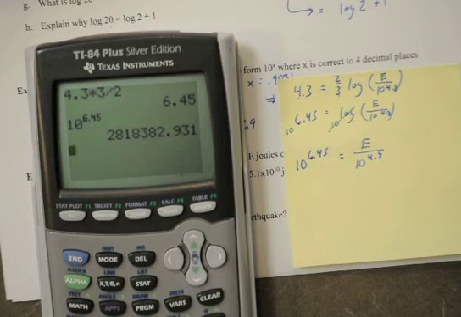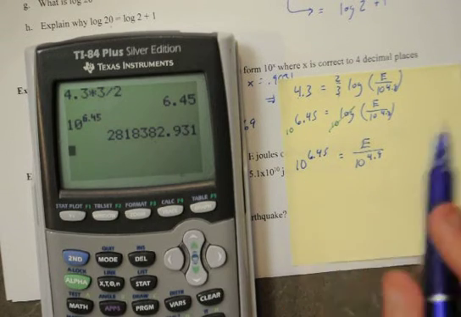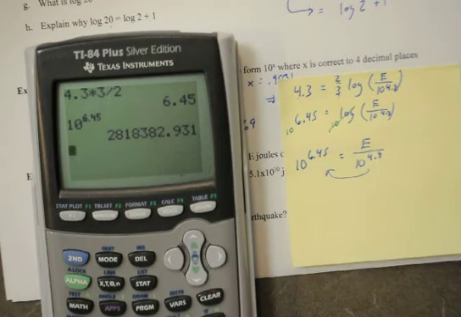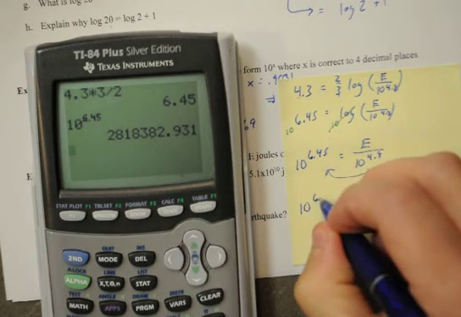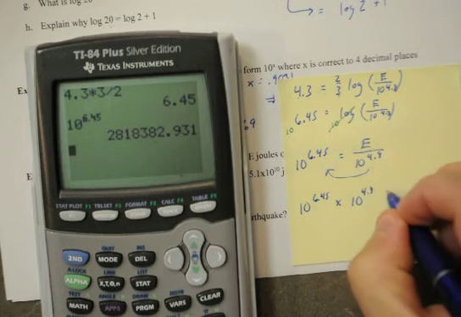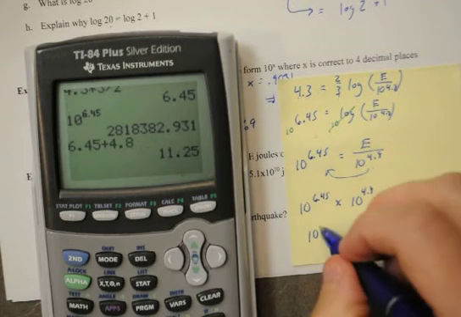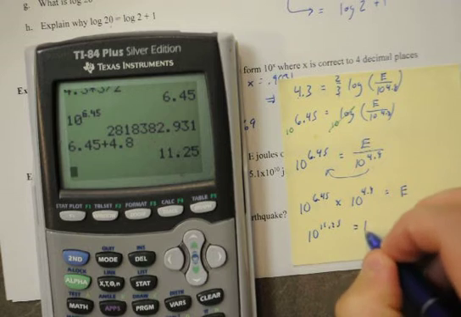So there we have it. Now all we need to do to solve for e is multiply that over to the other side. So take your 10 to the 6.45 and multiply it by 10 to the 4.8. Since we're multiplying and they've got the same base, you can just add the exponents together. 6.45 plus 4.8 is 11.25, so 10 to the 11.25 equals e.